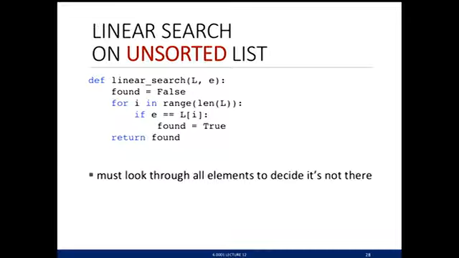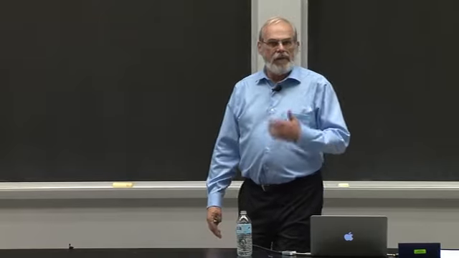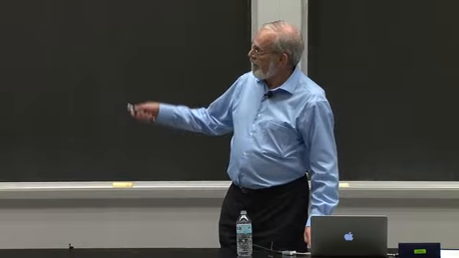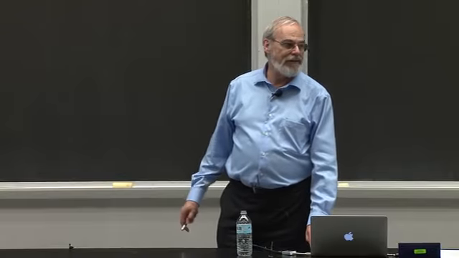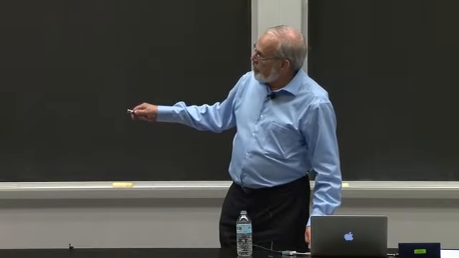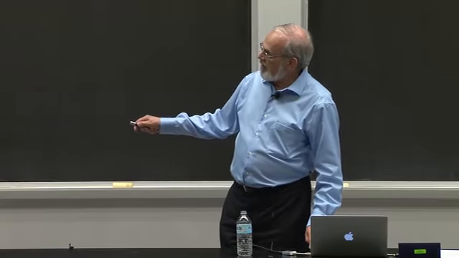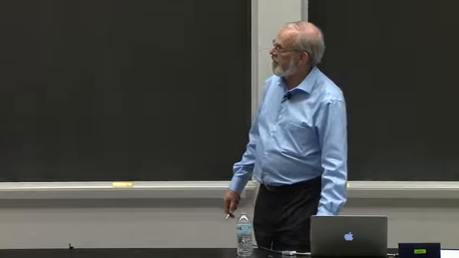So that when I return out of the loop, I can just return found. And if I found it, it'll be true. If I never found it, found will still be false, and I'll return it. We could count the operations here, but you've already seen examples of doing that. This is linear, because I'm looping n times if n is the length of the list over there. And the number of things I do inside the loop is constant.